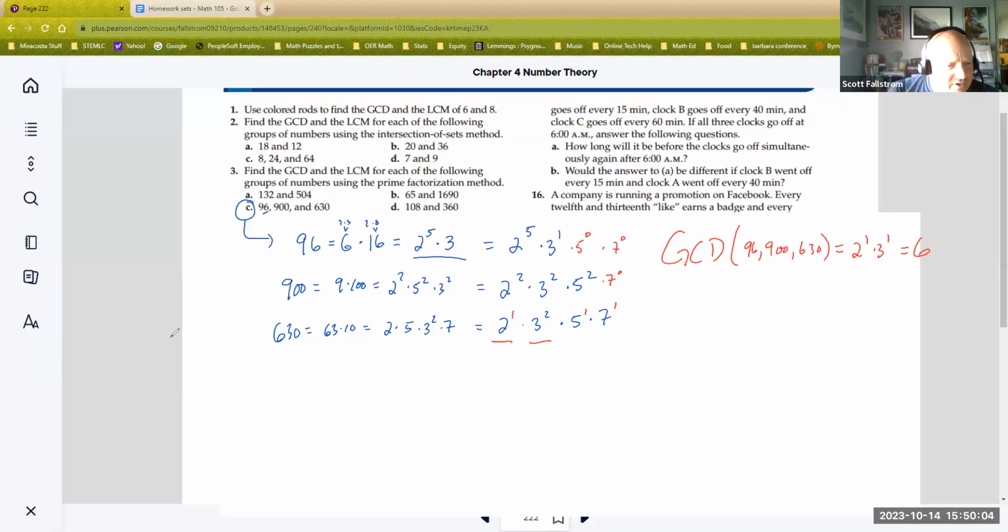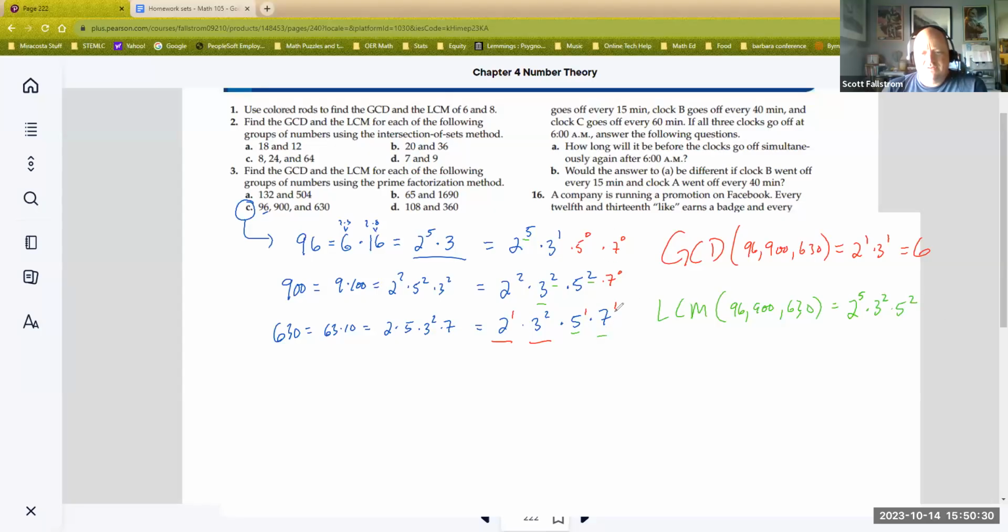And I'll choose a different color here for the least common multiple. The least common multiple of 96, 900, and 630 uses the largest exponents. So I know there's a 2, the biggest is 5, so 2 to the 5th. In the 3's, the biggest is 2, so 3 squared. In the 5's, the biggest is 2, so 5 squared.